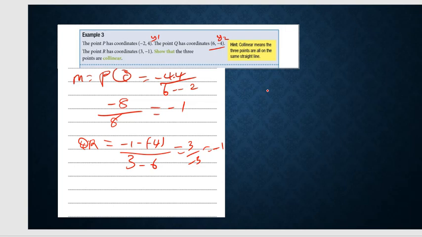You need to ensure you show your method clearly, including labeling of the calculations. For example, when you write gradient of PQ, we should know this gradient -1 is for PQ, and this other gradient is for QR. Labeling is very important.